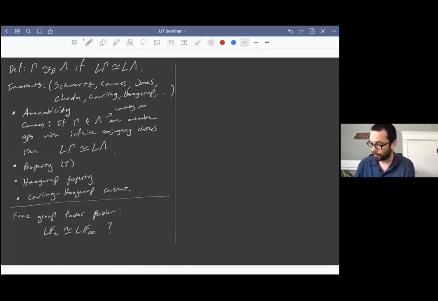So this, in other words, is F2 and F infinity W-star equivalent. So this is still an open problem. And also another well-known open problem is Connes's rigidity conjecture.